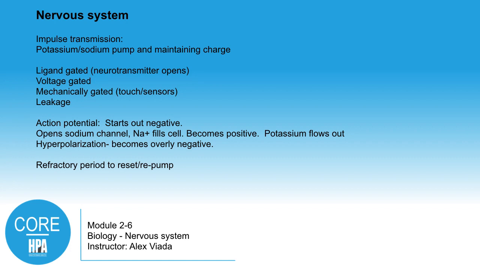What a neuron effectively does is it maintains a gradient where sodium is continuously pumped out of the cell and potassium is consistently pumped in. Now, the action potential, the neuron itself, is always trying to maintain a negative charge, and we'll talk about why that's important in a moment.